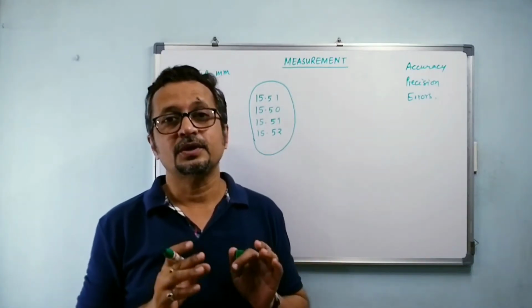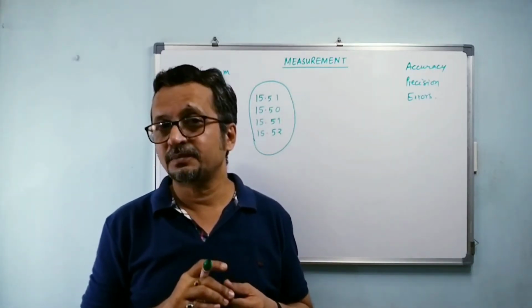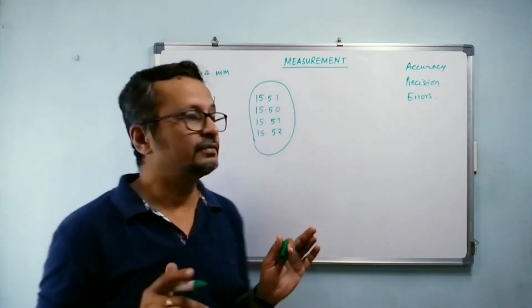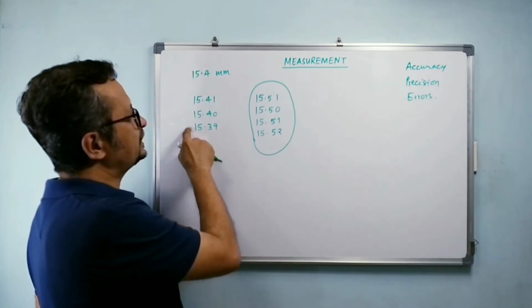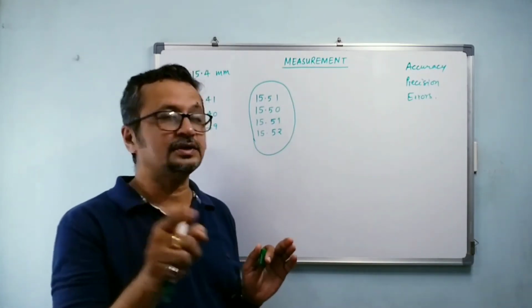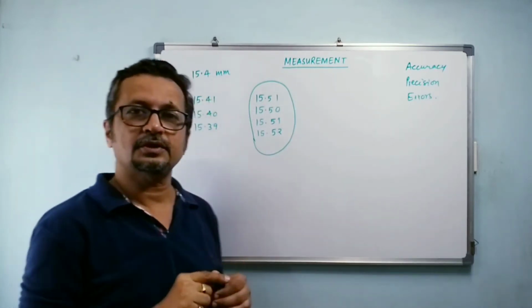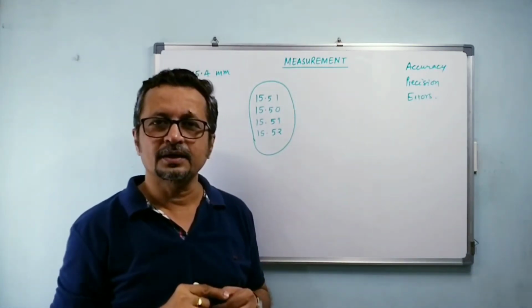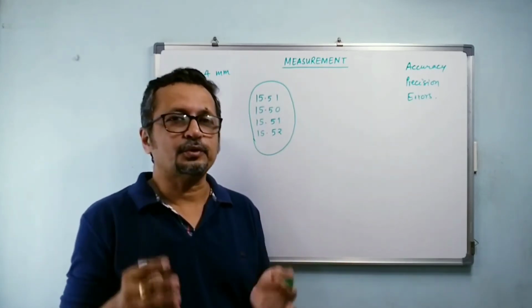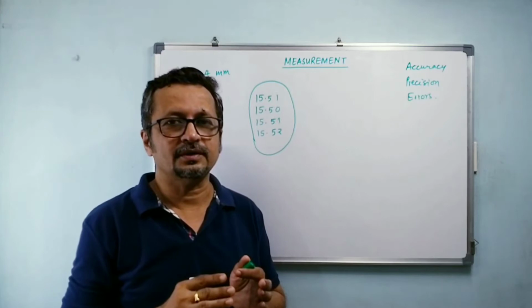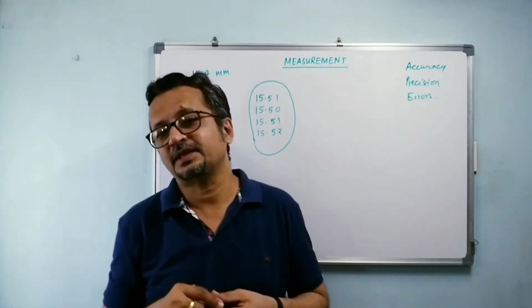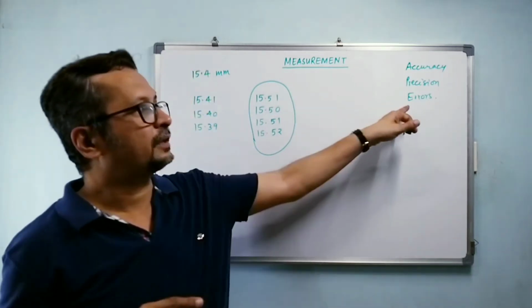So a precise measurement may not necessarily be an accurate one, whereas here the readings are precise and they are accurate too, because they are very close to the true value. So again, the question of selecting a proper measuring instrument would tell you whether the measurement is accurate or precise. Now let us come to errors.